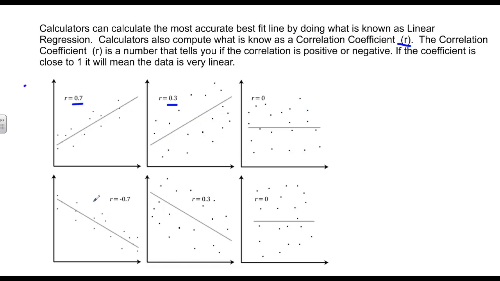Now if I look at the other correlations, we notice negative r values, and the data seems to slope down. Once again, an r value of 0 represents scattered data. As your r value gets closer and closer to 1, your data points will look more and more like a line, whereas as your data points are more spread out, your r value gets further away from 1 or closer to 0.